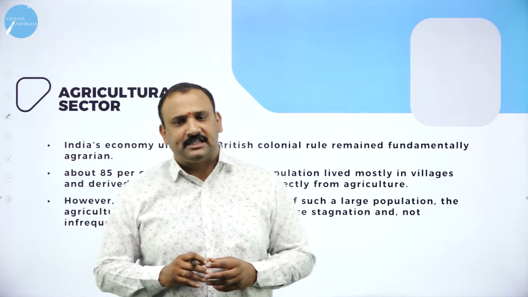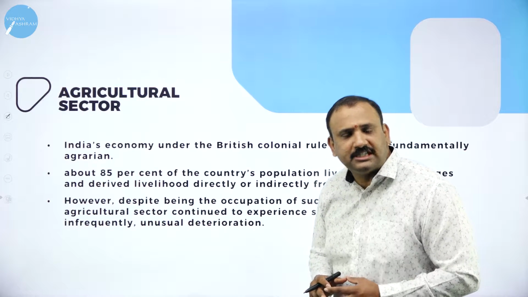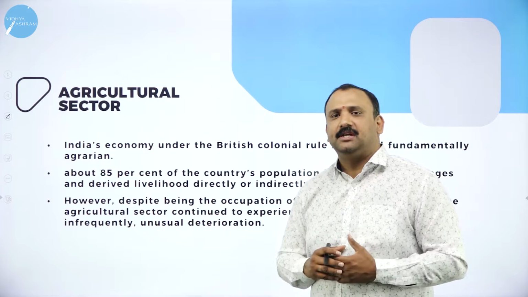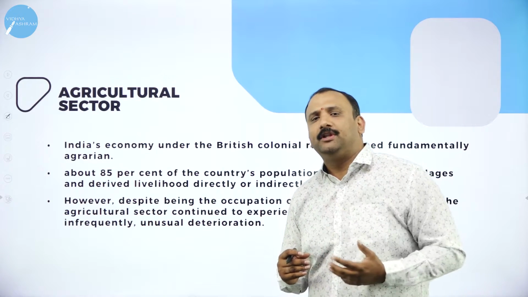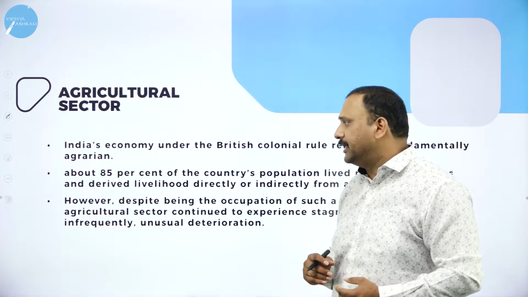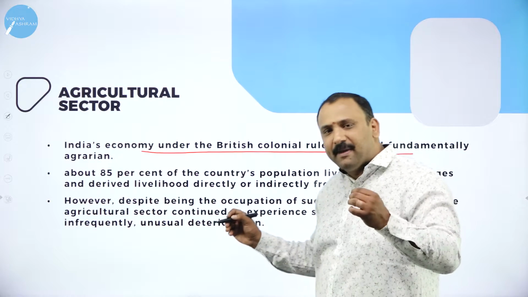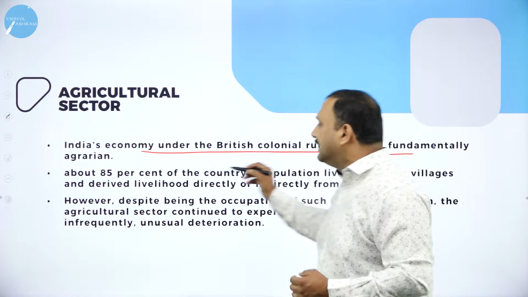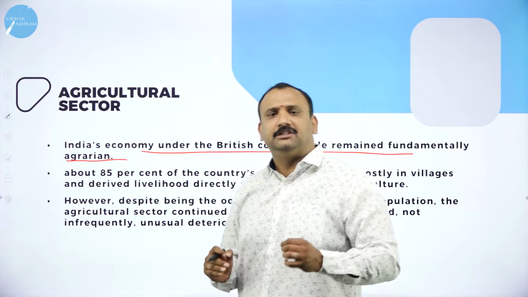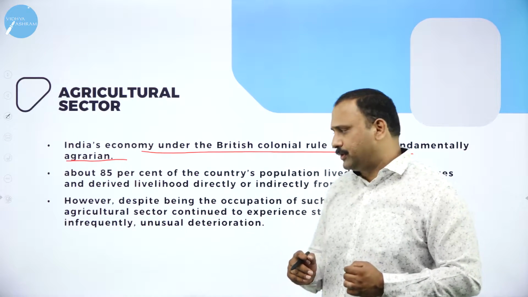Starting with the first slide for the day, this is going to be on the agricultural sector. Now, agriculture is not something that is new to us. It is something that we were born with. It is something that led to the evolution of mankind altogether. So India's economy under the British colonial rule remained fundamentally agrarian, which means they were fundamentally agriculturists, people who were involved in production altogether.